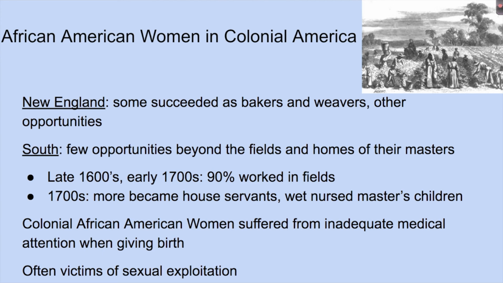Because of this, you're going to have a pretty high infant mortality rate, and a high death rate for women in childbirth as a result of this inadequate medical attention. Unfortunately, many African American slave women were also victims of sexual exploitation, mostly from their owners.